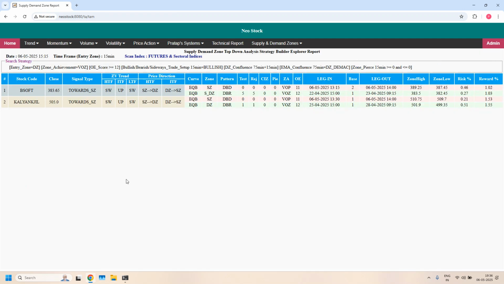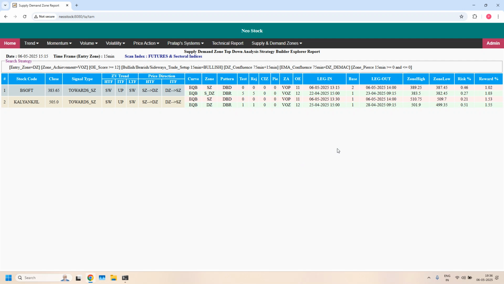We got 2 stocks. So these 2 75 minutes demand zones have a higher probability to get success. Maybe that is the reason why this one is already tested 5 times and this one is already tested once. Okay, this is based on LTF and ITF EMA confluence.